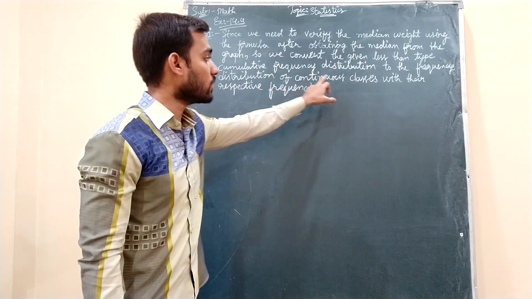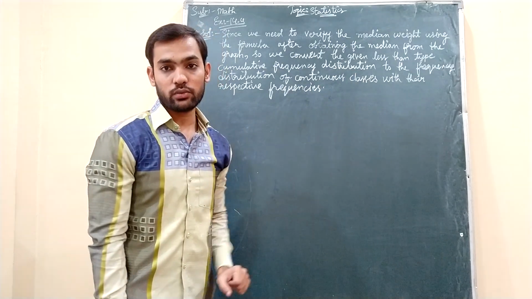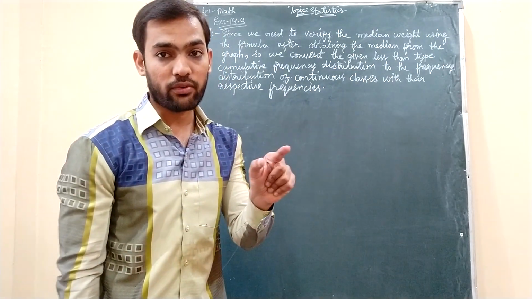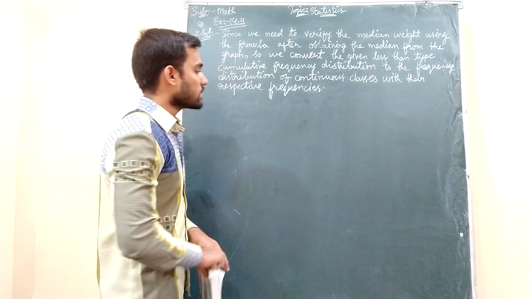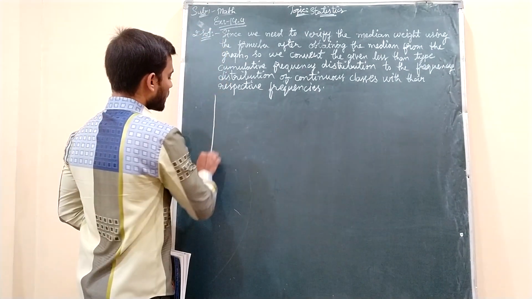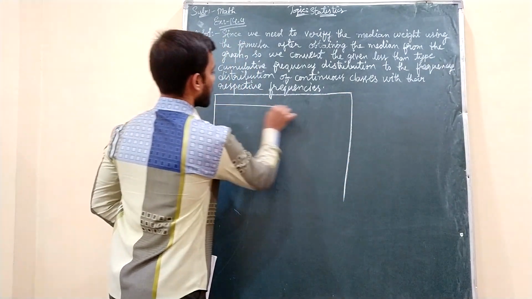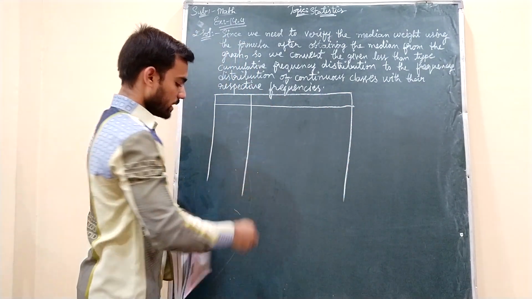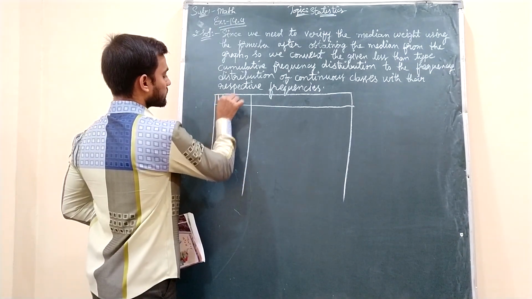So we are converting it into continuous classes, and their respective frequencies we also need to find out, because we need the value of f if we want to verify the median using the formula. Okay, so here I'll draw the table. First column will be from the question, that is weight in kg.